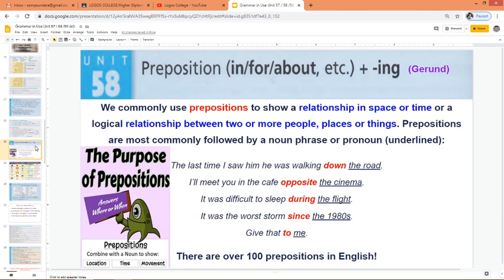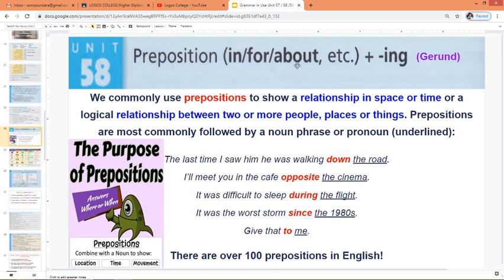And prepositions are words in English, it's a part of speech. Words such as in, for, about. And these words, they're used to show a relationship in space or time, or a logical relationship between two or more people, places, or things.